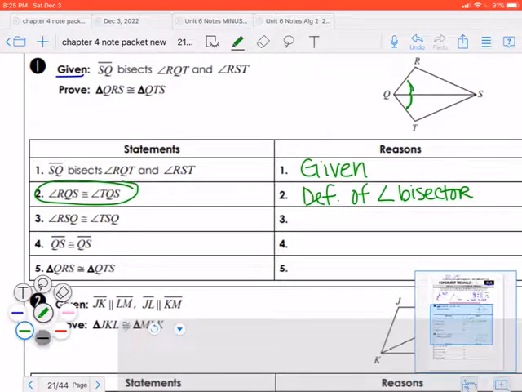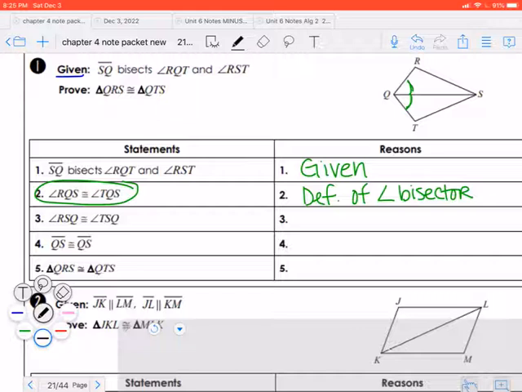Next it says RSQ is congruent to TSQ. And that is the same reason, because QS was the bisector. We already talked about that angle, and now we're doing this one. So it's the same reason. It is the definition of an angle bisector.